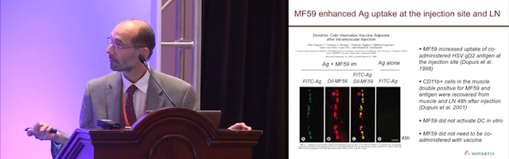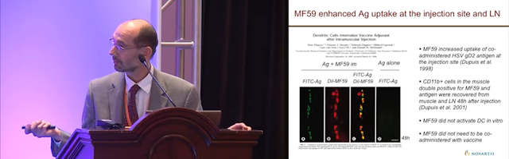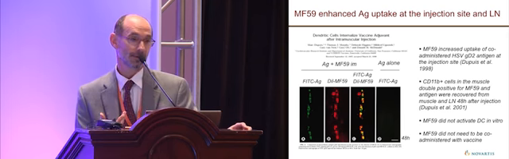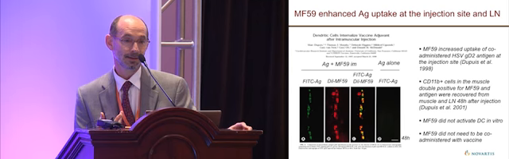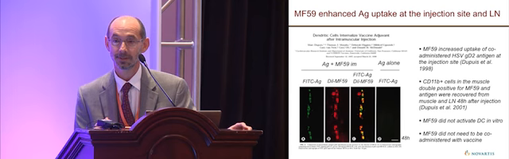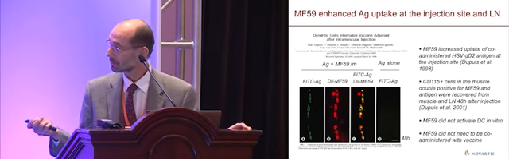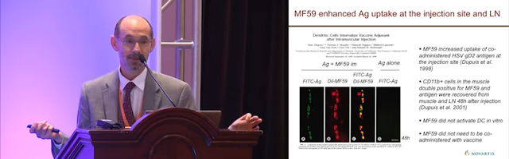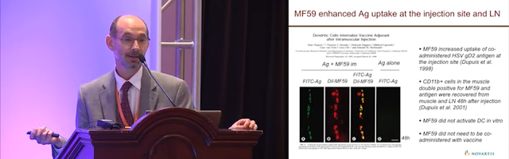But what we also know is that, first of all, there's no interaction between MF59 and the antigen, unlike with alum. So MF59 is probably not acting as a delivery system directly. We also know that you can separate in time MF59 from the antigen.